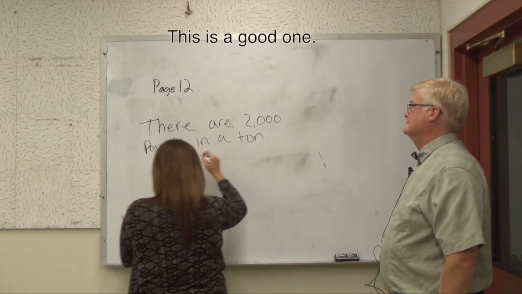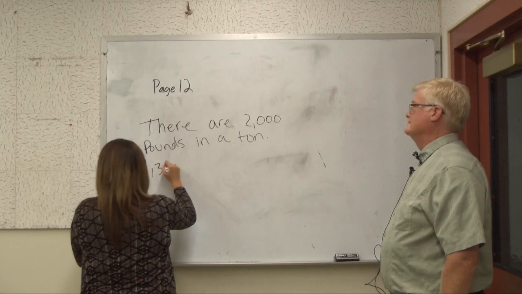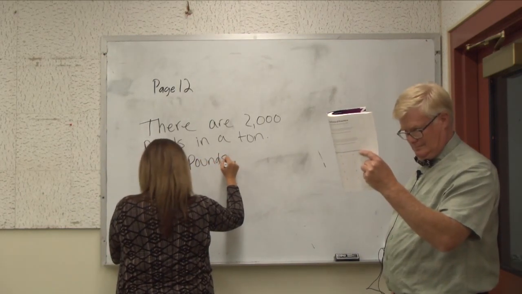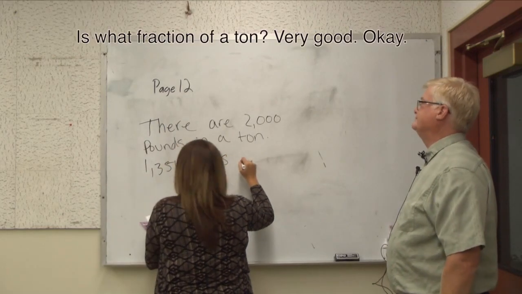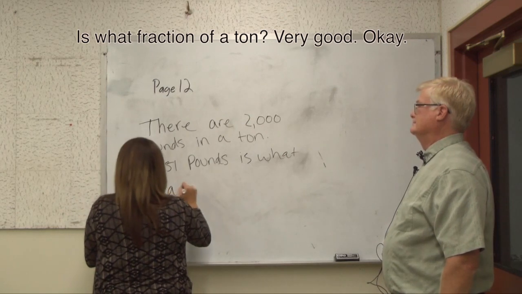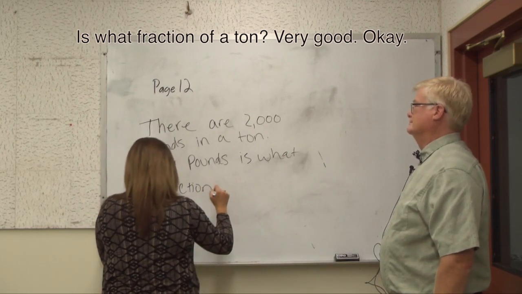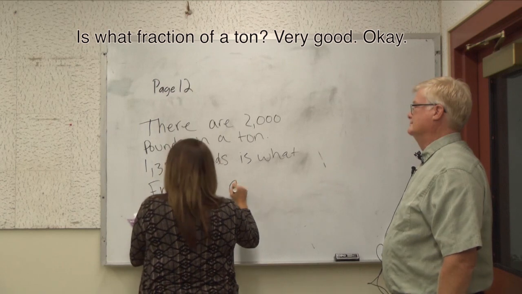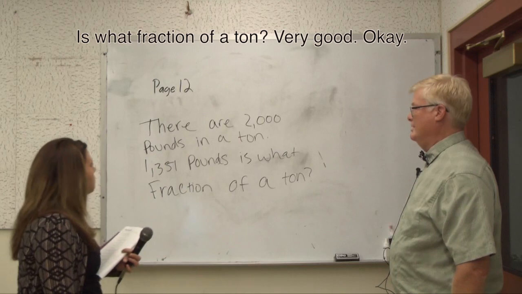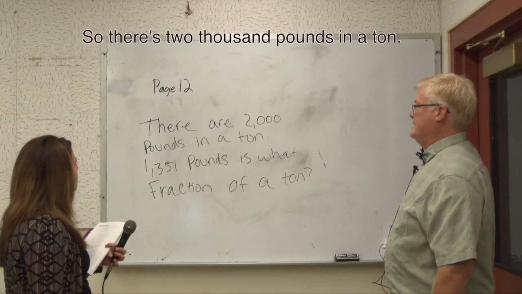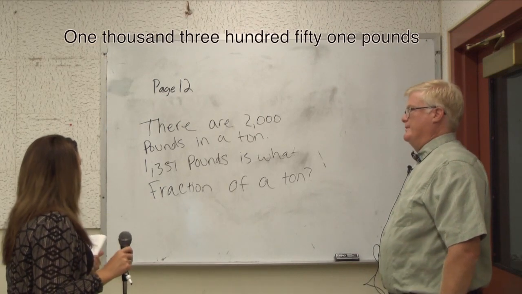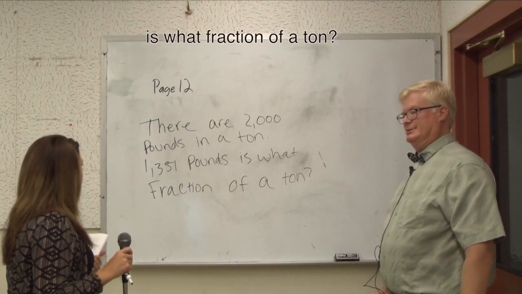This is a good one. What fraction of a ton? Very good. Okay. So there's 2,000 pounds in a ton. 1,351 pounds is what fraction of a ton?